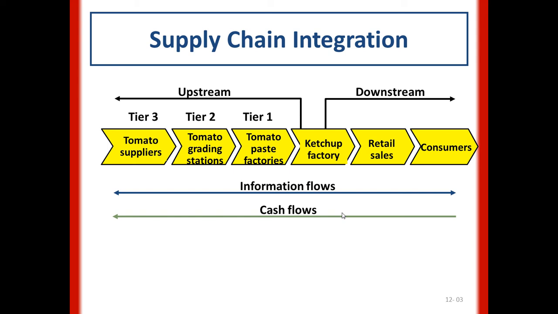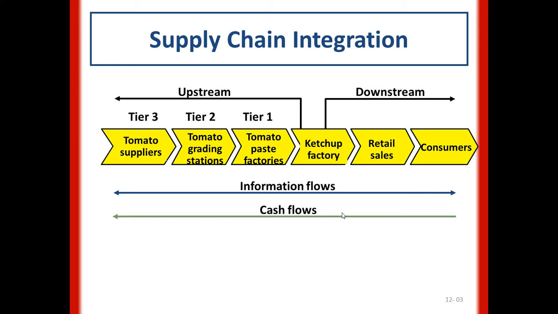For example, in this picture, the ketchup factory gets its major supply from tomato paste factories, which for the ketchup factory we call supplier tier 1 or tier 1 supplier. In turn, the tomato paste factories get their supply from the tomato grading stations, which we call supplier tier 2 or tier 2 supplier. Finally, the tomato growers ship their product directly to the tomato grading station.